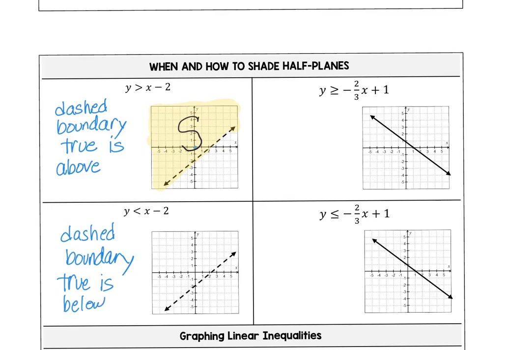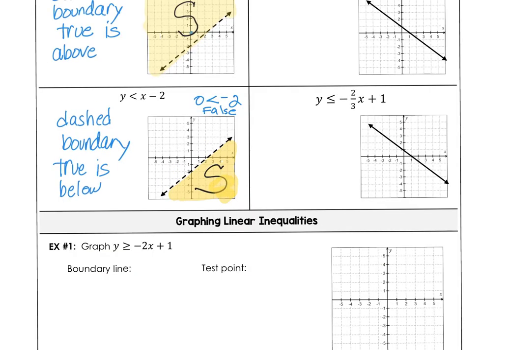So we can shade below the boundary line, and if you like, you can test 0, 0, and you would see that 0 is not less than -2. If you like to think about that from a test point of view, 0 is less than -2 is a false statement. So we want to jump the boundary line and shade over here below the line, in the true statement.